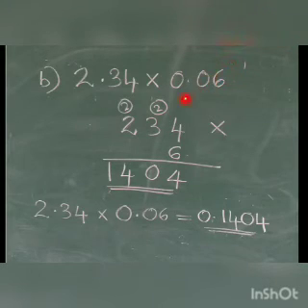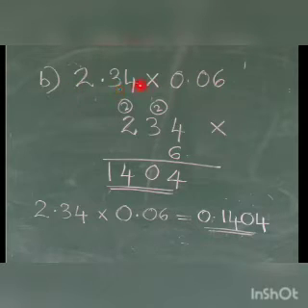So that other decimal point we are avoiding. Now multiplying. 6 4s are 24, 2 carrying. 6 3s are 18, 18 plus 2 is 20, 0 here, 2 carry over. Again 6 into 2 is 12, 12 plus 2 is 14. So what product did you get? 1404 is the product.